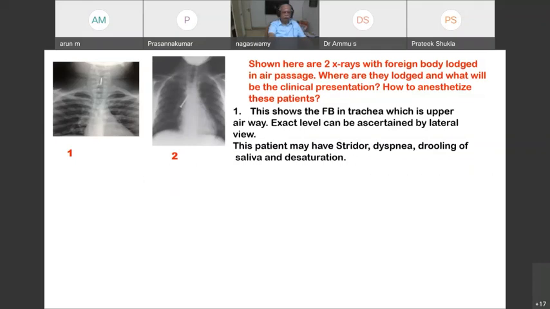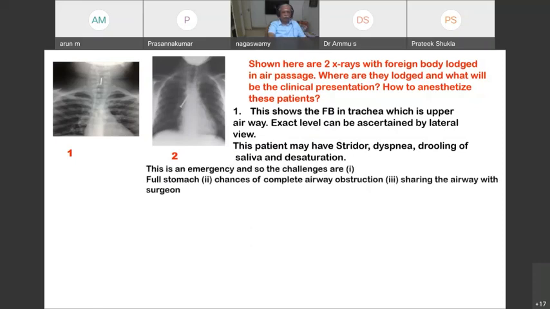What about the second one? So if this first patient comes for foreign body removal, it is a more challenging thing because this is an emergency and there will be a full stomach problem, chances of complete airway obstruction, and you are going to share the airway with the surgeon.